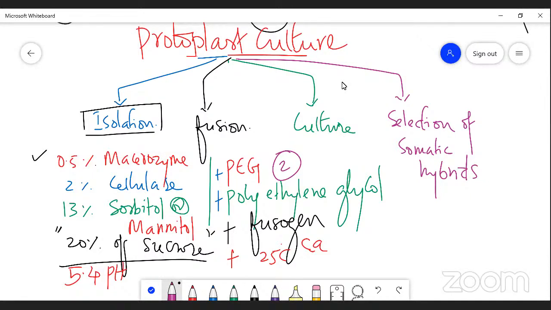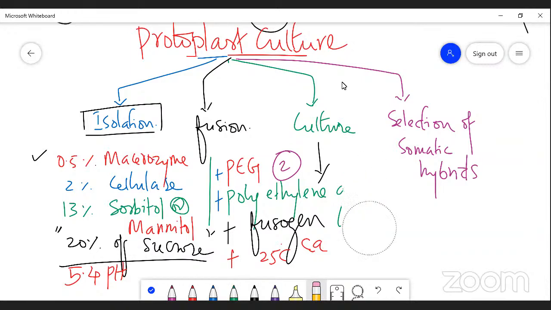So that is called culture. Culture is a technique in which the isolated protoplasts fused by using polyethylene glycol are developed in a culture medium. In order to develop, it requires a particular intensity of light, I think 1000 to 2000 lux.